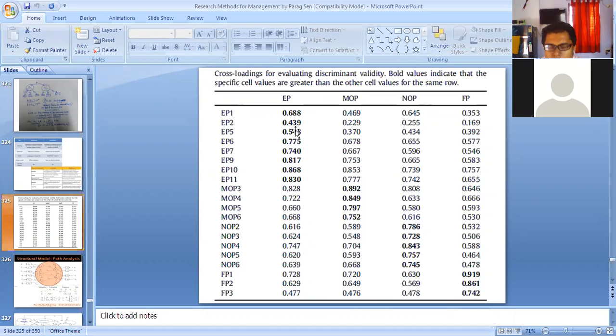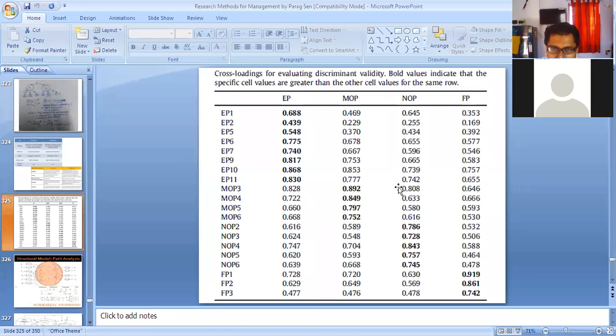So it is clearly showing that it is evaluating the discriminant validity. That means one particular variable is highly loaded onto the particular construct under which it is derived, and it is weakly loaded onto the other constructs. That is actually the case of discriminant validity.